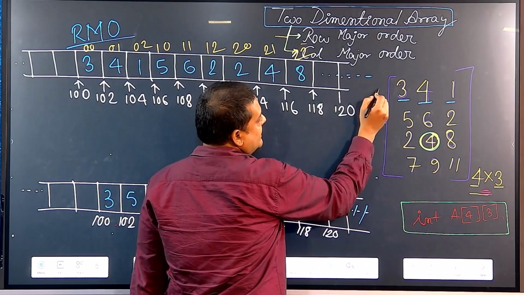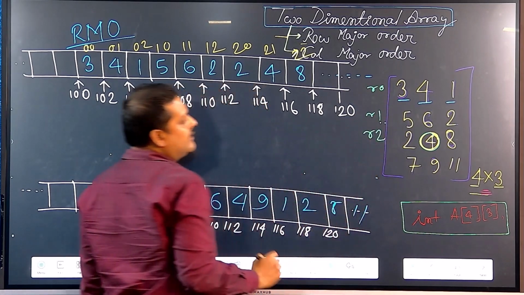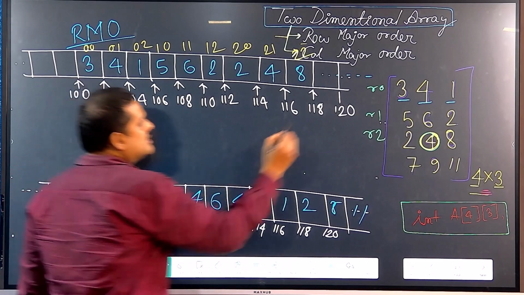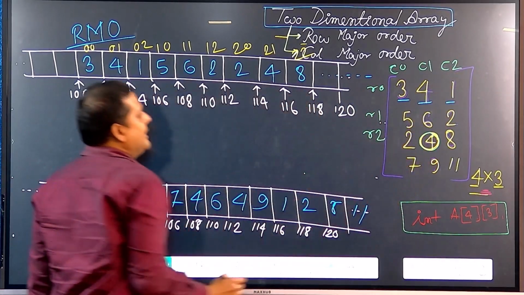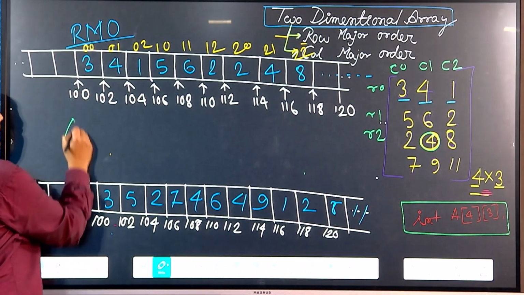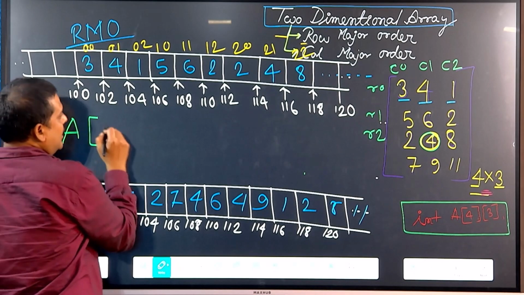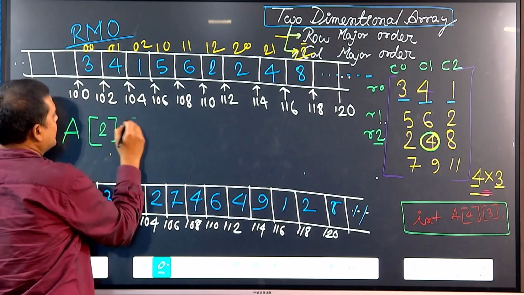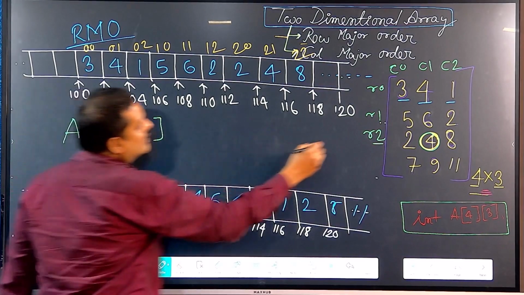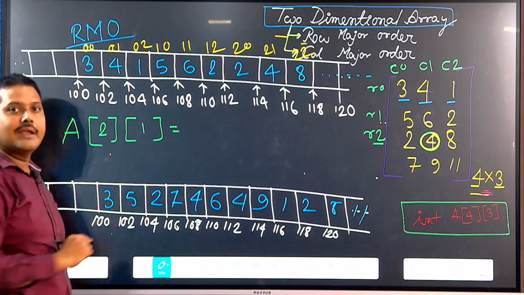If I consider this as row 0, row 1, row 2, and this as column 0, column 1, column 2, the value 4 in array A is at row 2 and column 1, that is the 2 1 value.